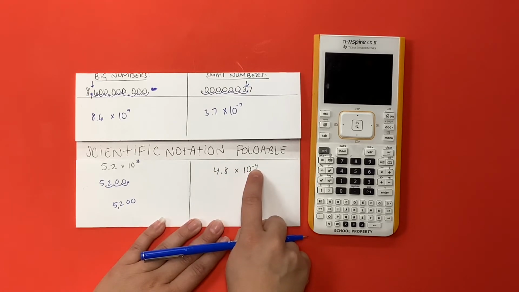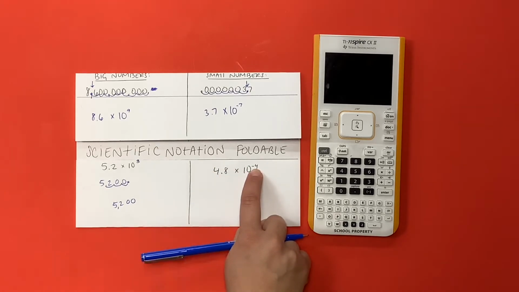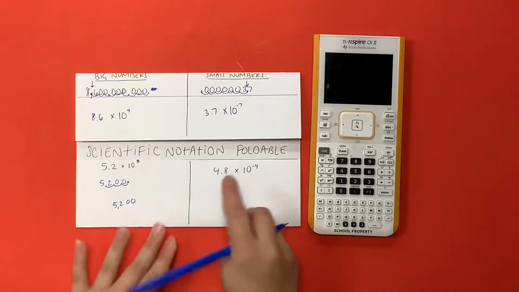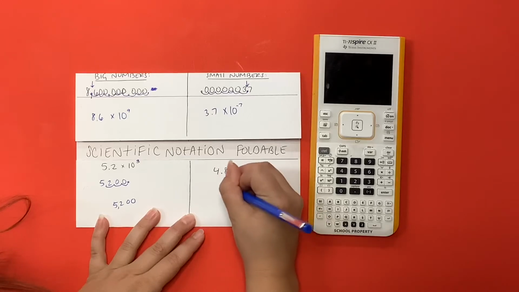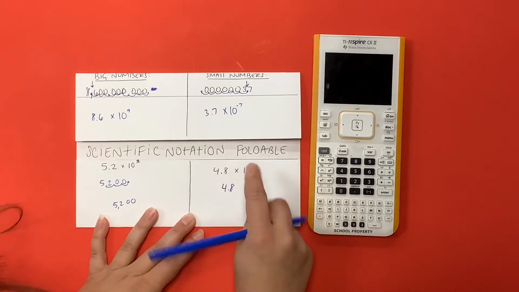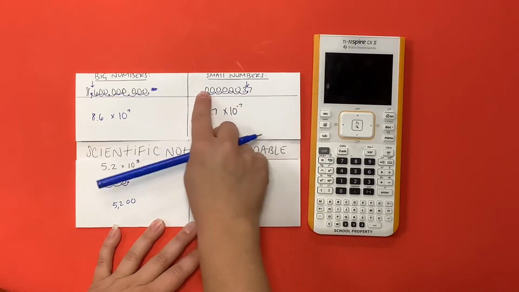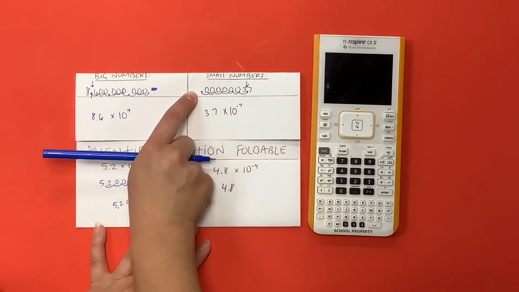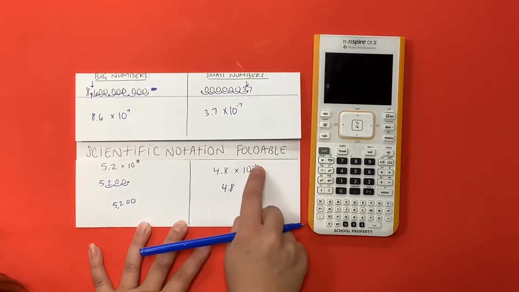This is going to be a small number because the exponent is negative. So let's take this number here. And I know that because it was negative, it was a really tiny number, which means that I have to take the decimal and move it back to where it began, back to where it started, 4 times.